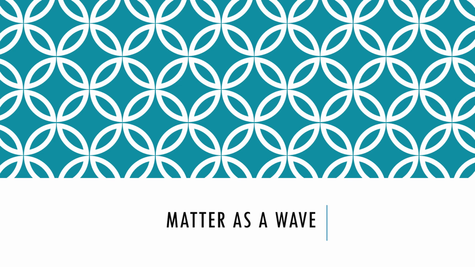If we can have light as both a particle and a wave, why can't we have matter as a wave? We are comfortable with the idea of considering matter as a particle, but can we consider it as a wave? And the answer is yes.